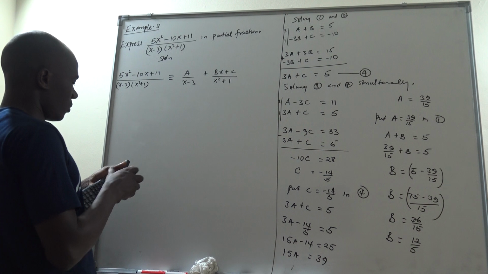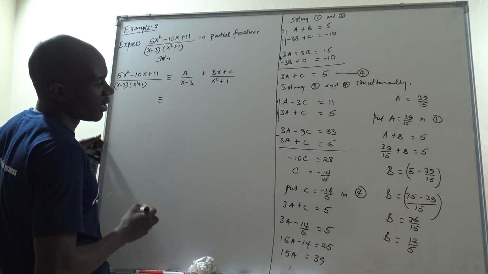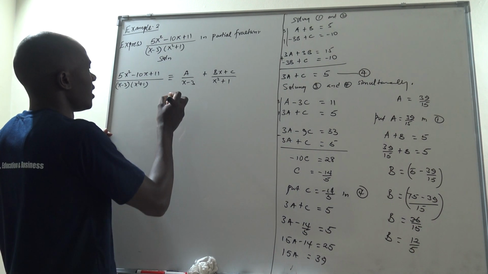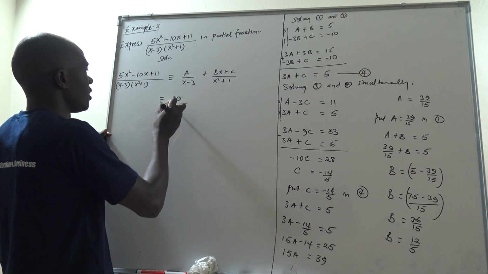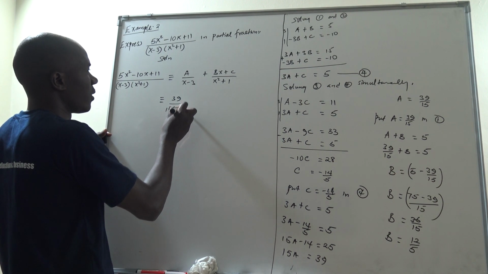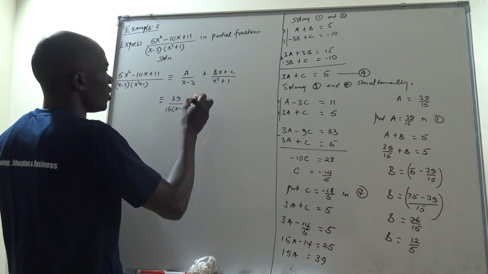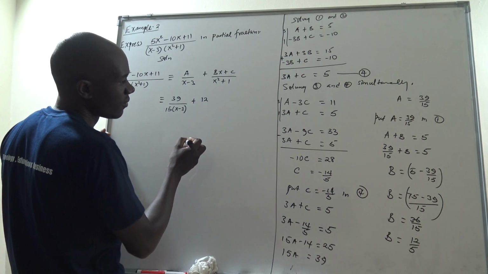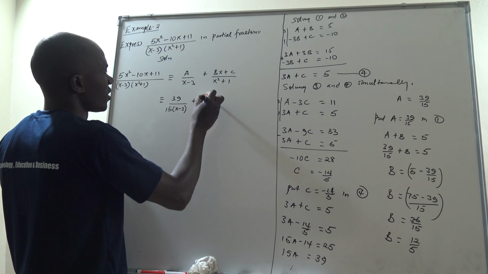So how does it move? What is the value of A? The value of A is already given as 39 out of 15. We write 39 out of 15 into x minus 3. We come plus, what is the value of B? It is already 12 out of 5, which is the same as 12x.